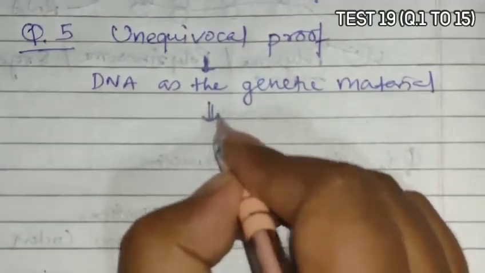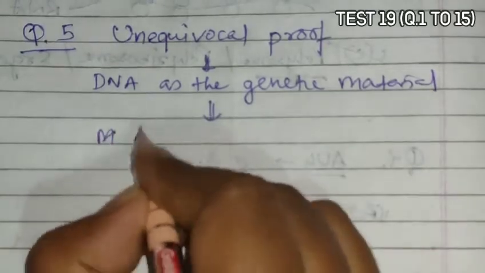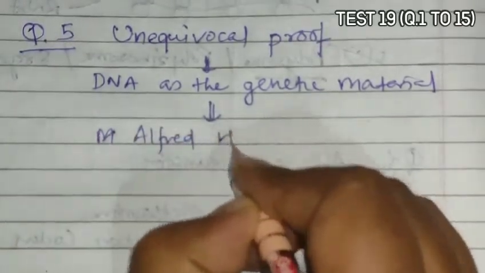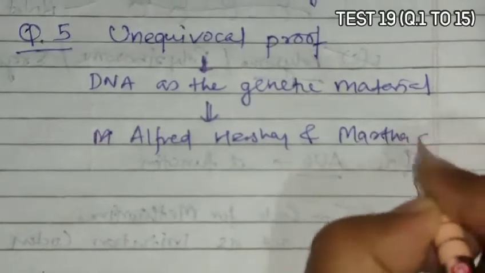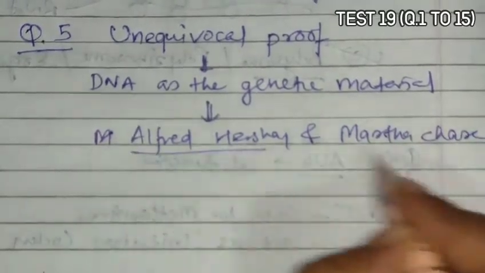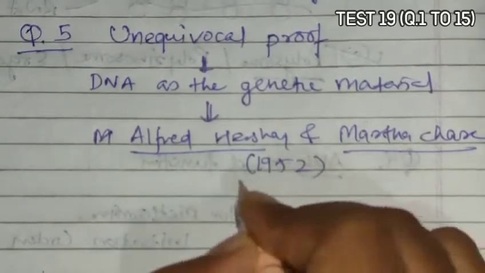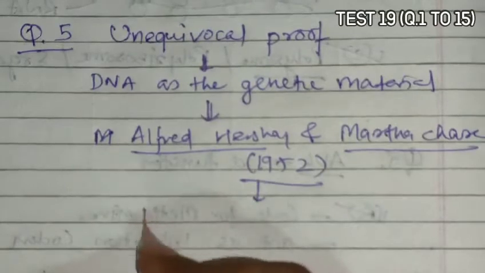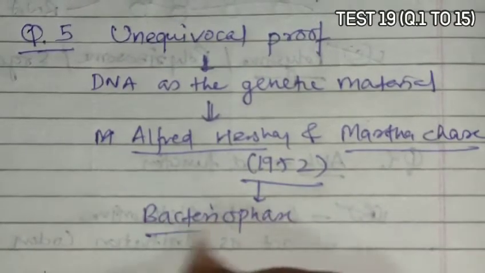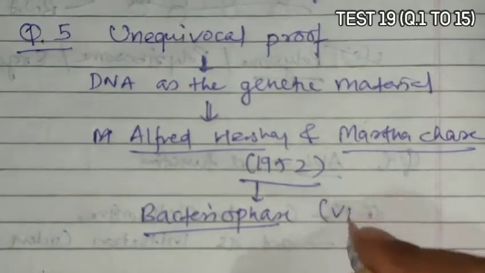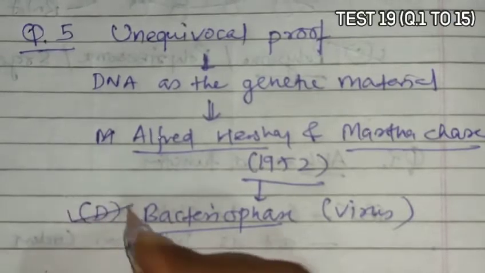The unequivocal proof of DNA was given by the Alfred Hershey and Martha Chase experiment, and this experiment was carried out in 1952, by use of a bacteriophage. And bacteriophage is nothing but a virus, or bacterial virus, which infects bacteria. So D is the correct answer.